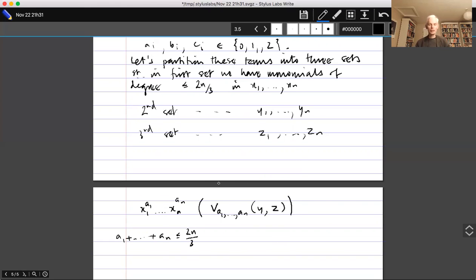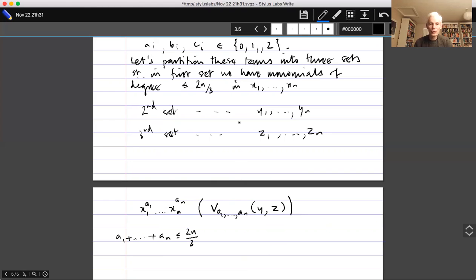So just to say what I've done here, I've picked out a particular choice of a1 up to an for my powers of x1 up to xn. Because it's in the x collection, I know that the sum of a1 up to an is at most 2n over 3.